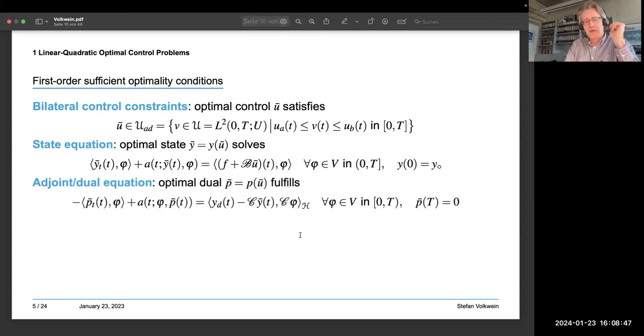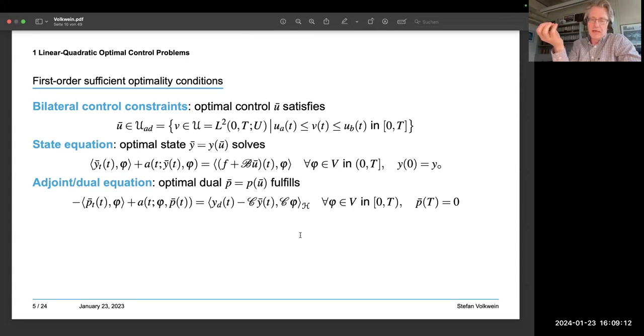In addition, there is an adjoint variable. This adjoint variable satisfies the adjoint equation, where on the right-hand side we see the mismatch between the desired state YD in the cost functional and the result we get from the observation operator applied to the optimal state. So this is the mismatch between these two.